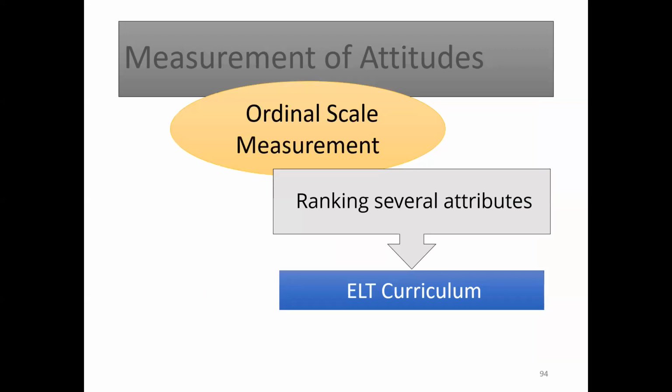Ranking attributes: you merely indicate only an attribute. Example, ELT curriculum in Sri Lanka. That is all. The participants will rank.